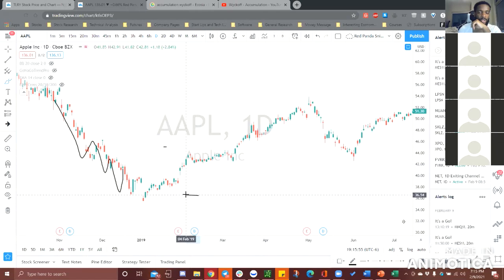And then as we get here, we start seeing it defining the trading range. This one's a pretty short area actually, but that's okay. The support line is around here.